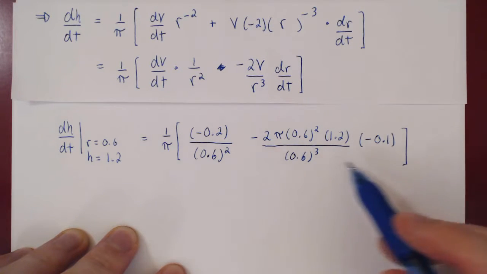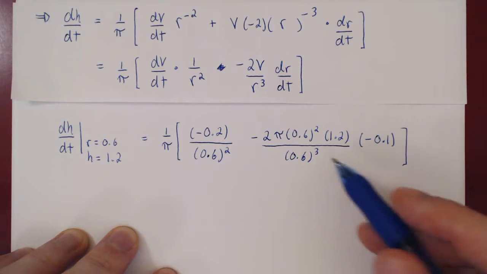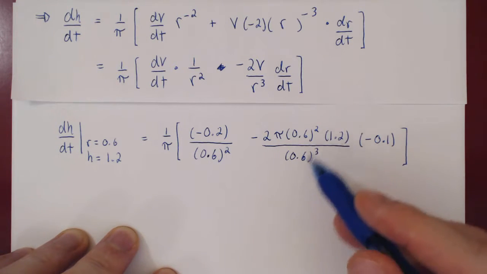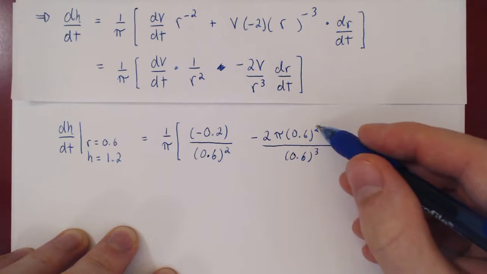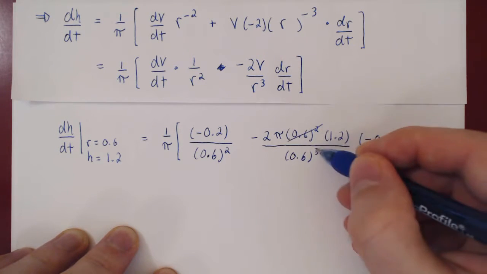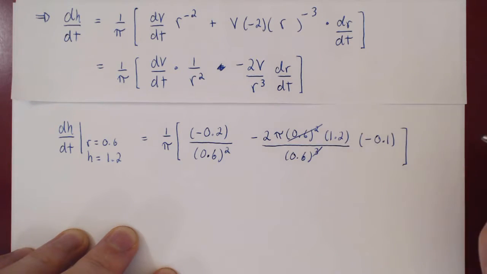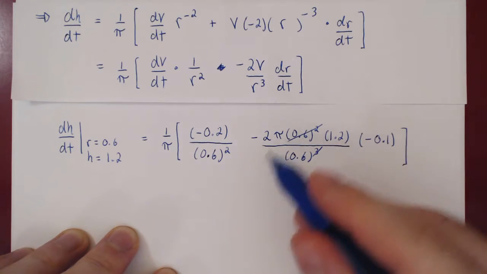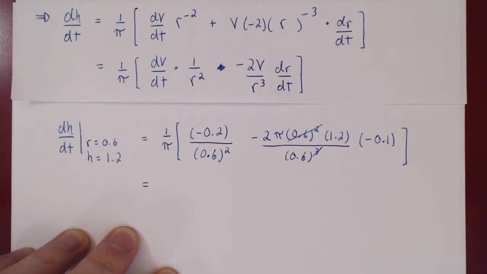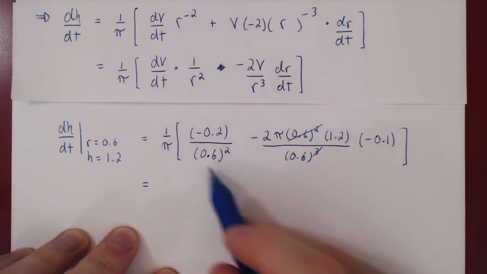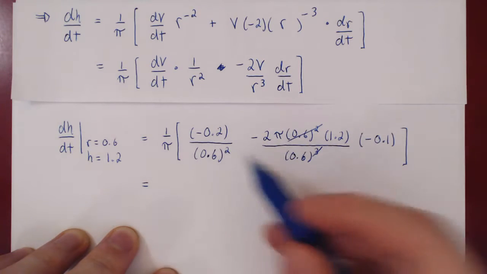And now we just have to compute this. Let's simplify the expression a little bit. 0.6 squared over 0.6 cubed will give you 3 minus 2, 1. So you're left with a single 0.6 in the denominator. And now we can evaluate the expression. Take your calculator, find this, and then divide by pi, and you'll have the answer.